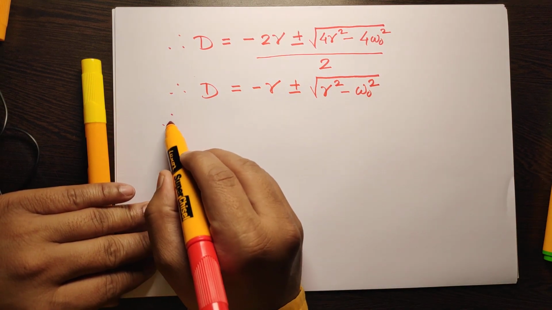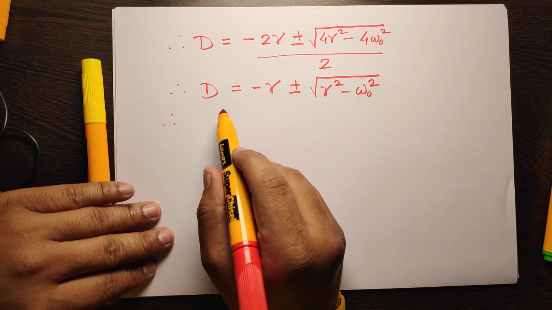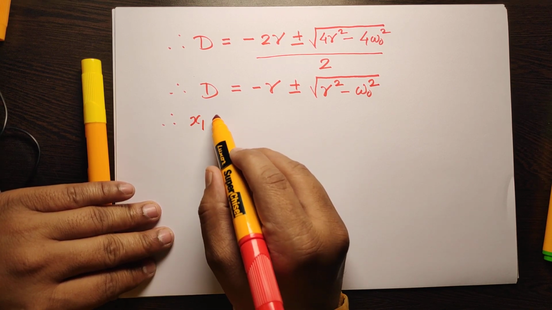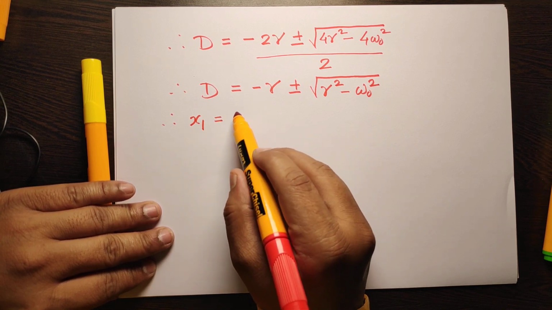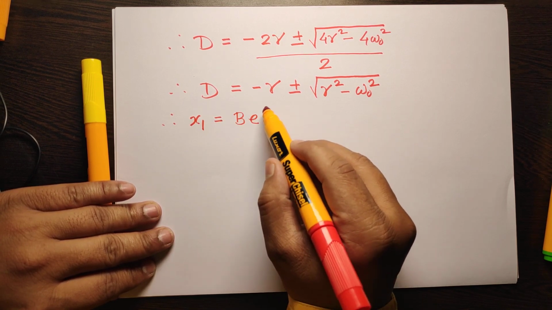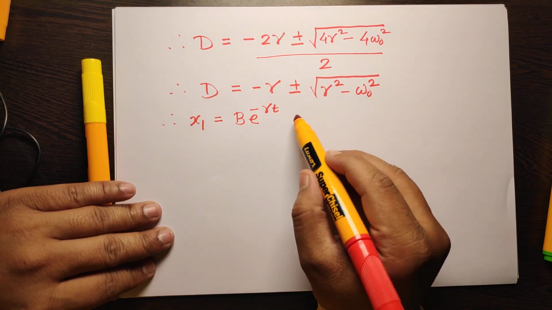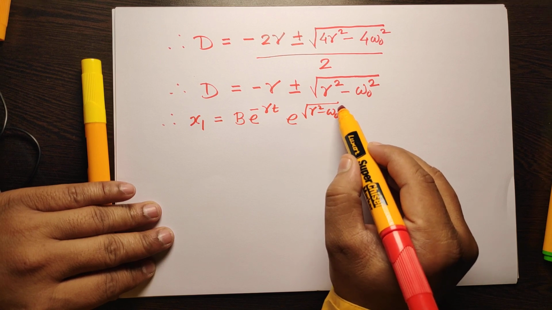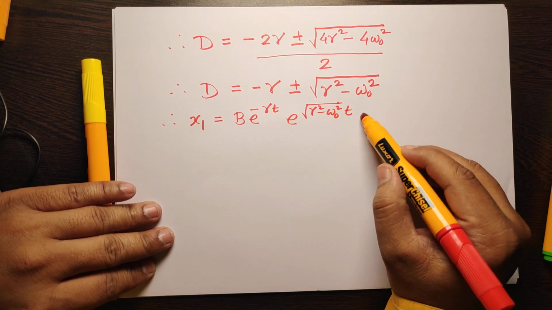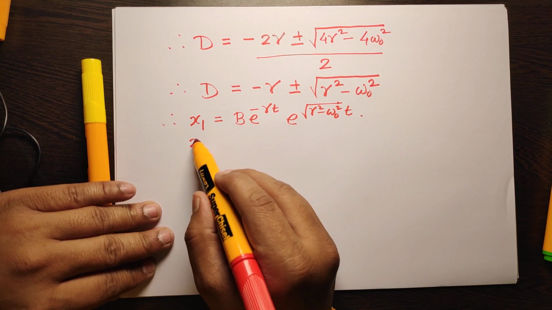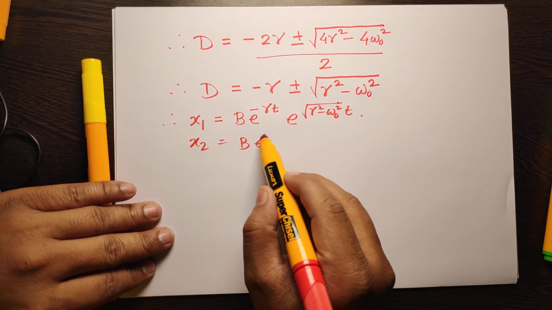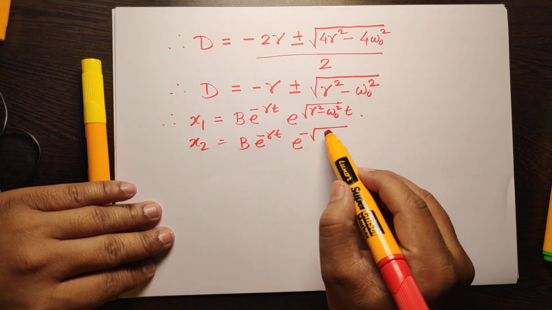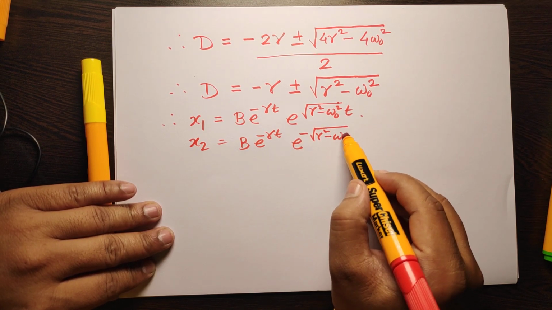So you have two solutions for x. x1 is b e to the power minus gamma t into e to the power root of gamma square minus omega naught square t. The next solution x2 is b e to the power minus gamma t, again e to the power minus root of gamma square minus omega naught square t.